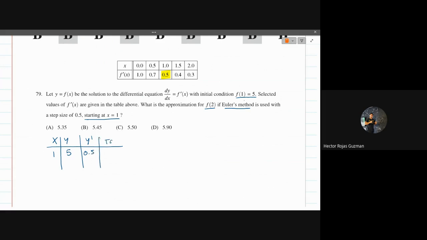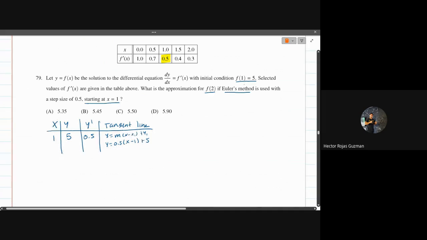So that means my tangent line is y equals m times x minus x1 plus y1, y equals 0.5 times x minus 1 plus 5. And we are going to get a new y value using this tangent line, right?